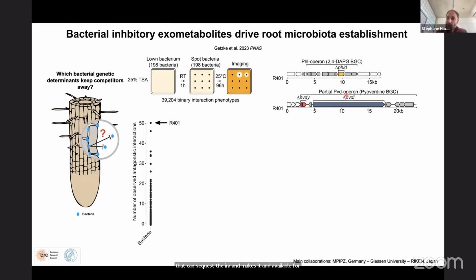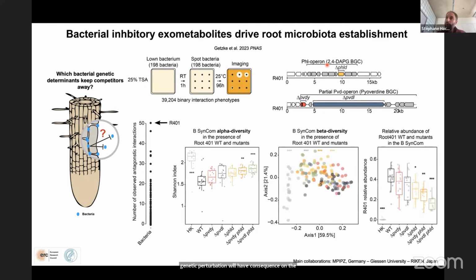So the next big question that we ask is whether this subtle genetic perturbation that we can apply in this specific strain, root41, will have consequences on the community composition and diversity of the root microbiota. So we performed again these reconstitution experiments with synthetic bacterial communities in the context of the root41 wild type or the exometabolite mutant.